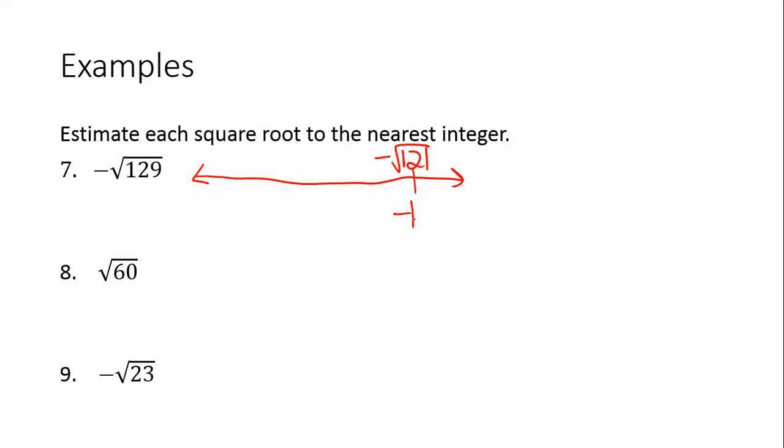So that would be negative 11. And on the other side, you have the negative square root of 144, or negative 12. So 129 is closer to 121. So we would say that the negative square root of 129 is about equal to negative 11.